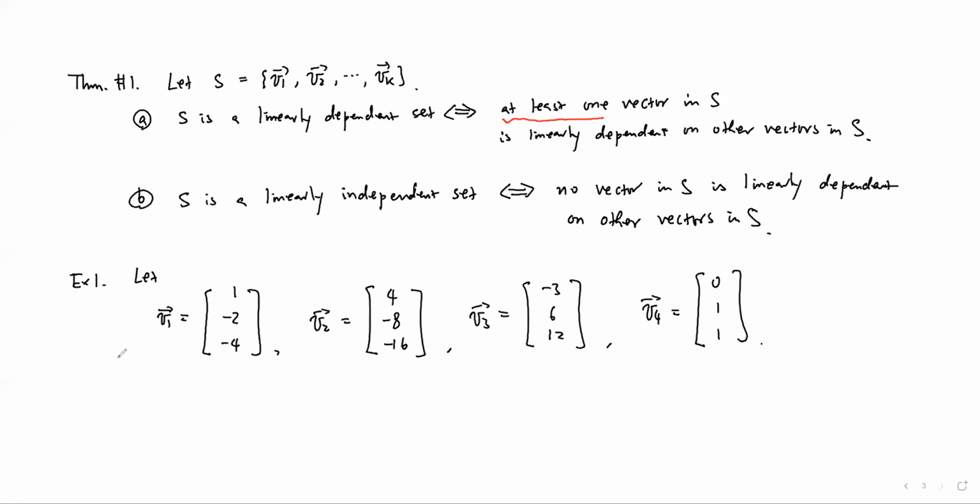Two questions. Question A: determine if the set of these 4 vectors is linearly independent.